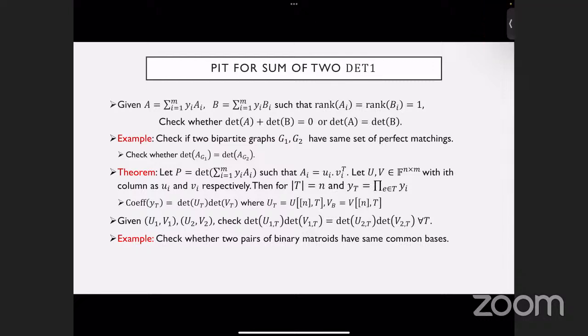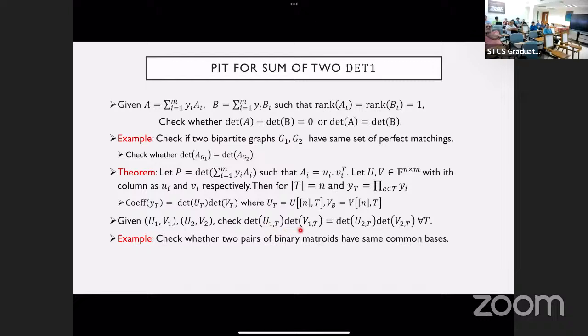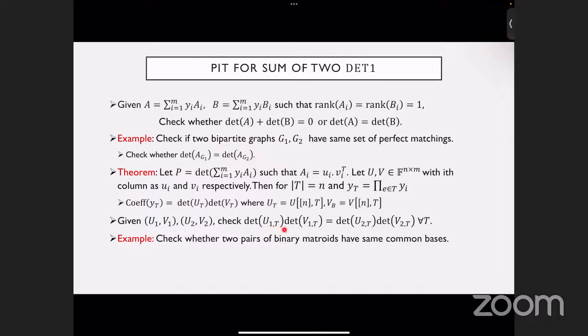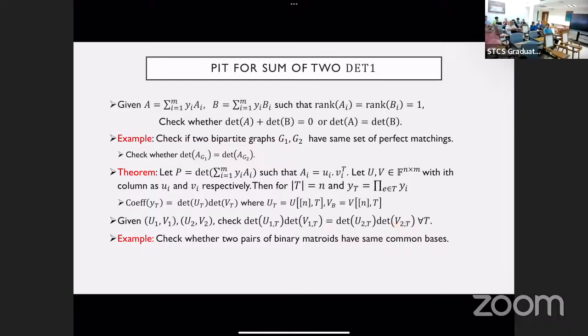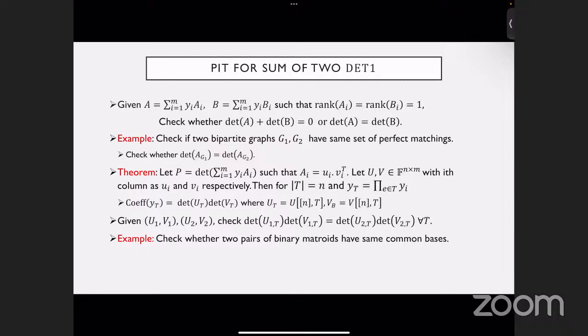So I'm saying that this problem is equivalent to checking whether this product is the same for these pairs U1, V1 and U2, V2. The theorem, because these are the only coefficients which are non-zero, and it corresponds to subsets T of size n.